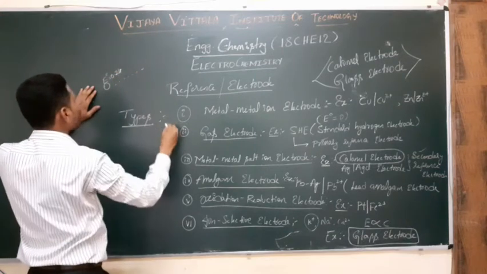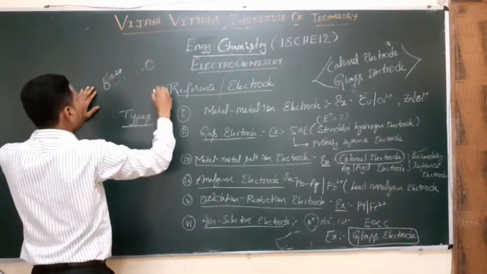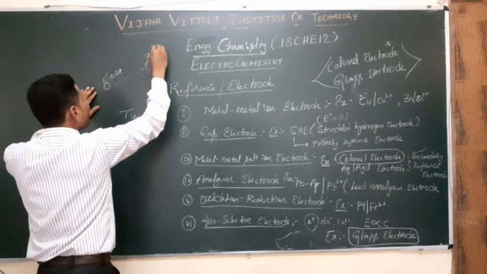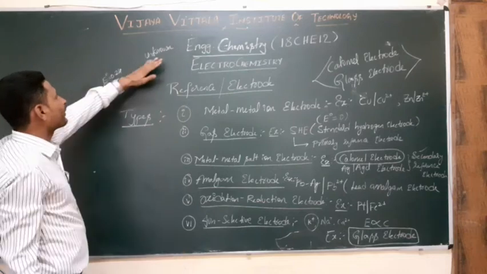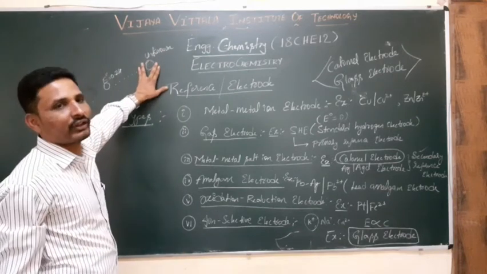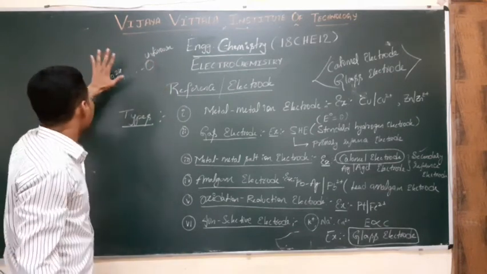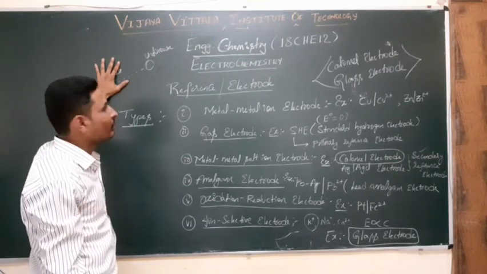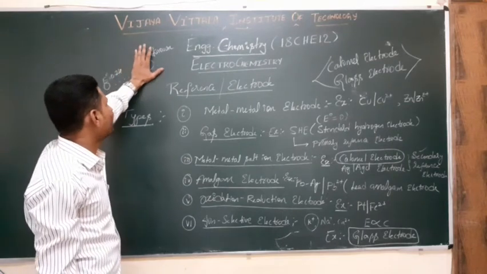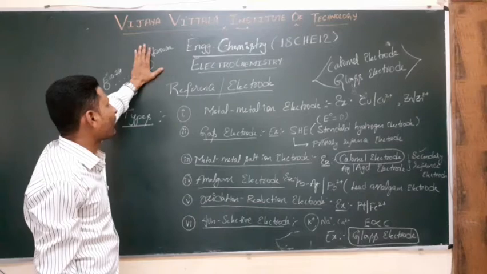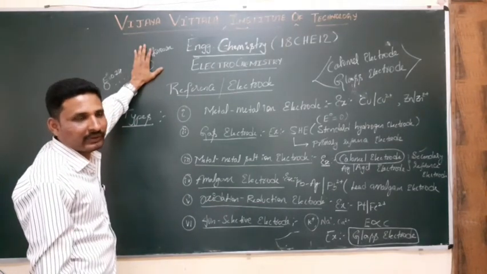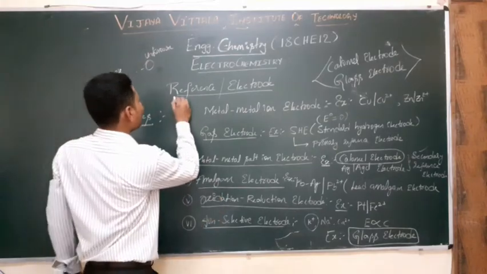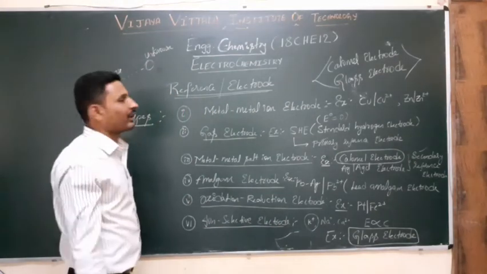So here we are going to find out the electrode potential of this. We don't know this electrode potential. So keeping this as a reference electrode, we are going to find out the electrode potential of any other electrode. That is called a reference electrode.